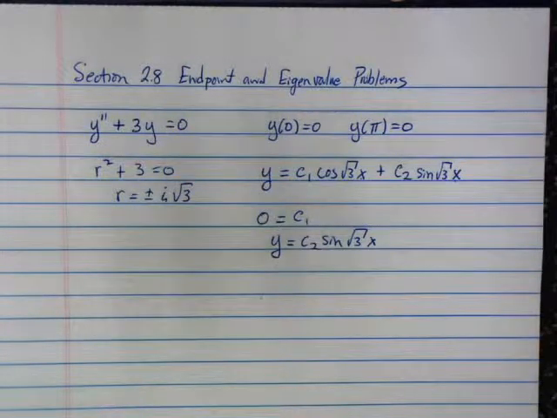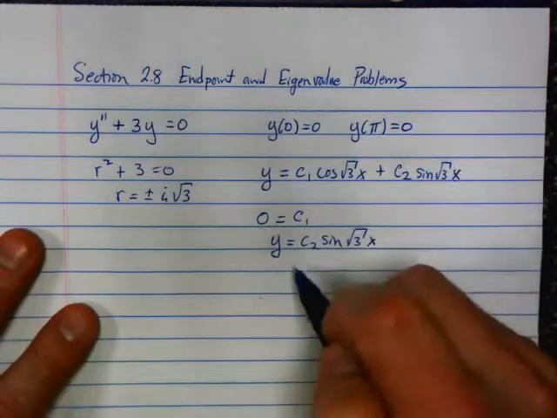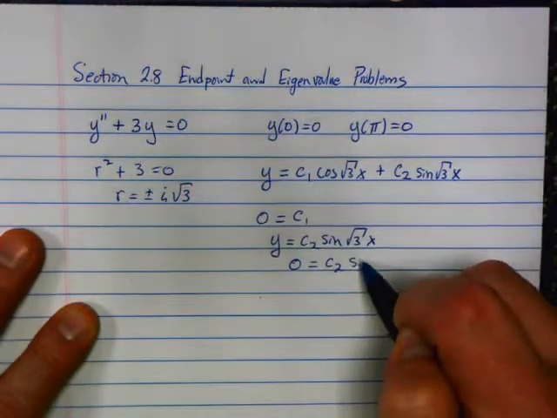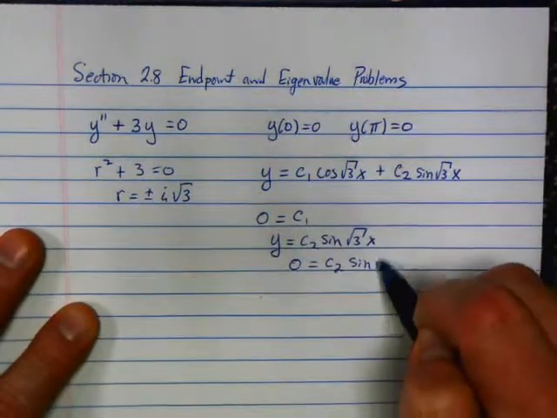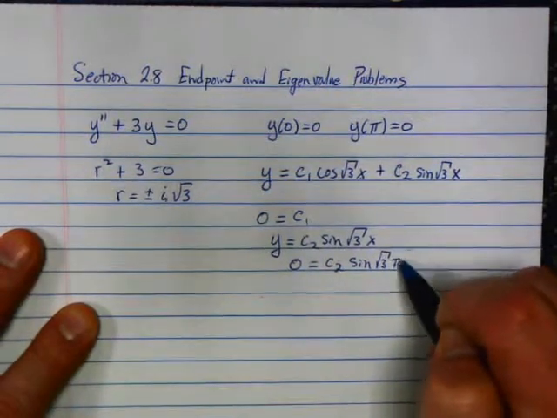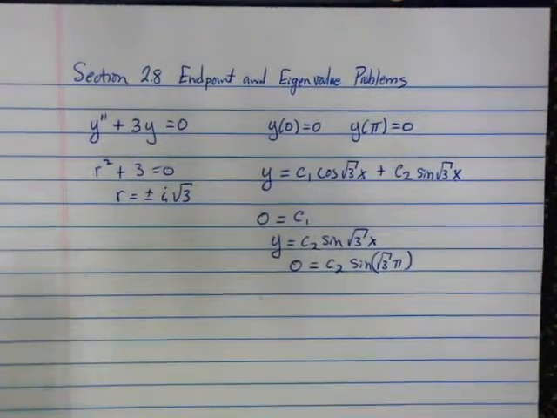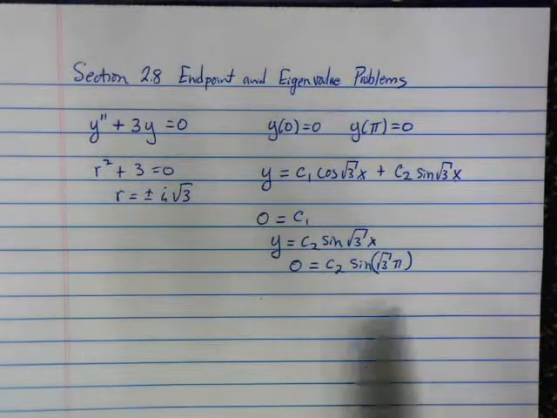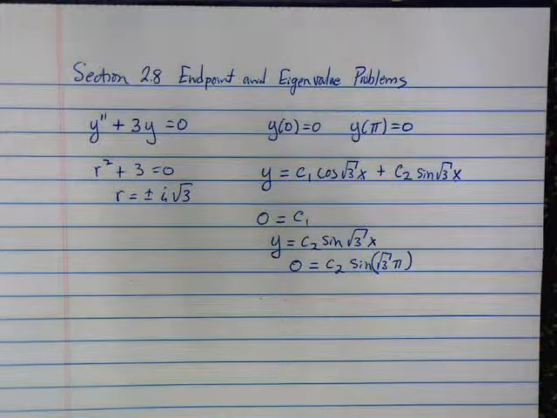Now I plug in the other condition. I get 0 equals C2 sine square root of 3 times pi. What's the sine of square root of 3 times pi? Well, I don't know either.